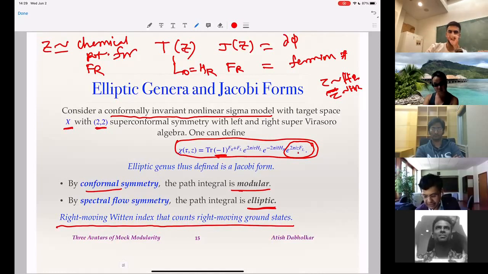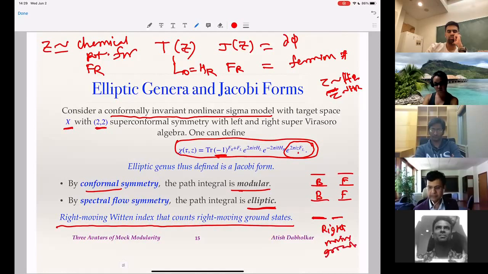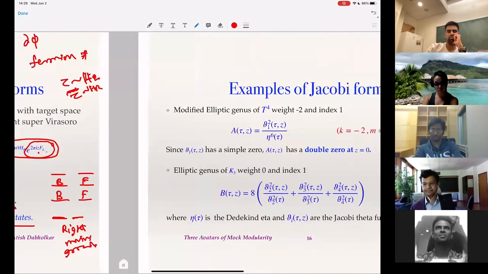So it means that the right movers have to be all in the ground states, because of the fermionic symmetry, anything which has non-zero right-moving energy comes always paired as bosons and fermions. So effectively, all the heavy degrees of freedom from the right-moving theory cancel out in pairs, and you're only left with the right-moving ground state. So it's a little bit like the right-moving Euler character or something like that.